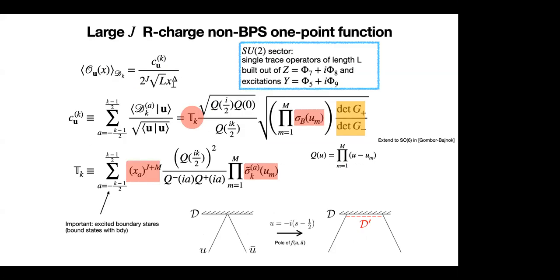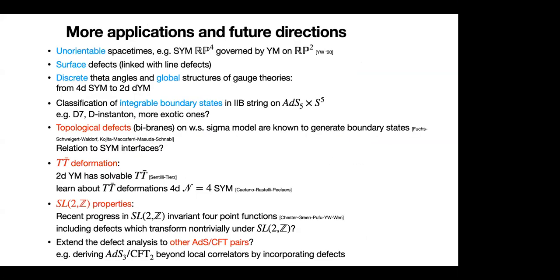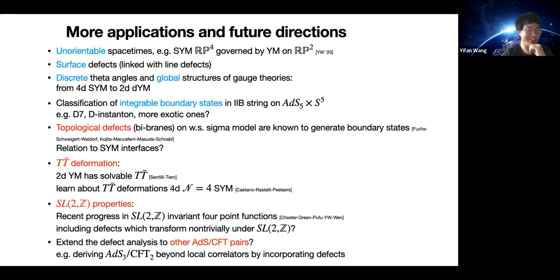Could I ask what's probably a very vague question, but let me ask it anyway. You did localization from the boundary, and you got these results. Is there any chance one could try to do some sort of bulk localization? Very good. Yes, it's something I have dreamed about, but unfortunately I don't have any concrete proposal at the moment.